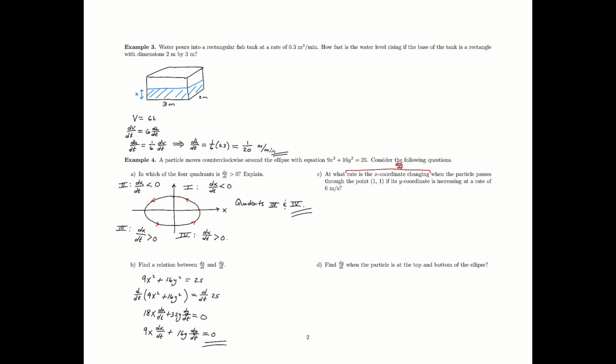And we are told that the rate at which the y-coordinate is changing, specifically increasing, so increasing rate means a positive rate. So if dy dt at this point 1, 1 is equal to positive 6 meters per second, then what is dx dt?